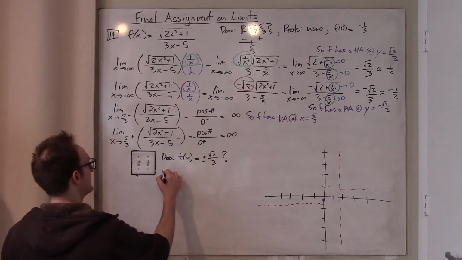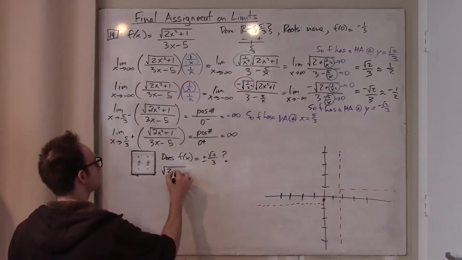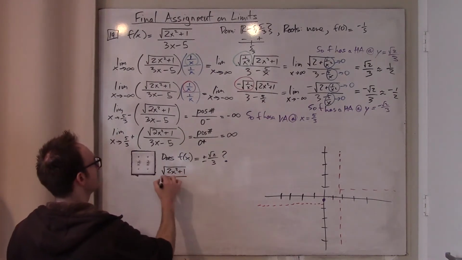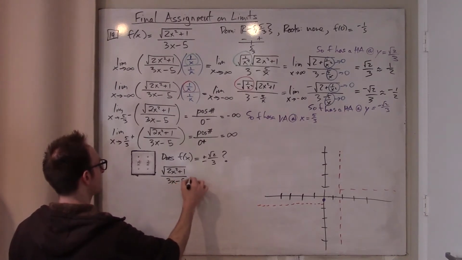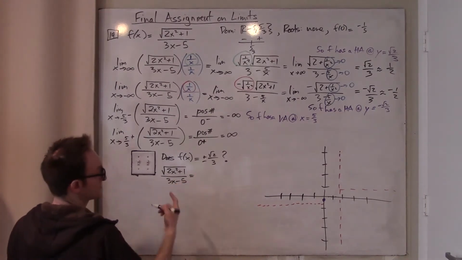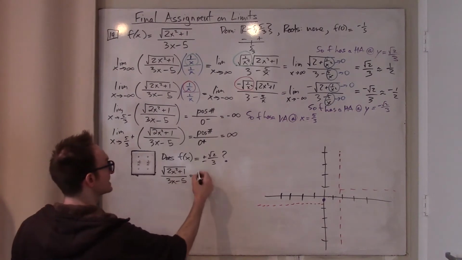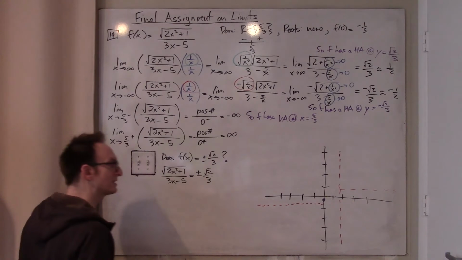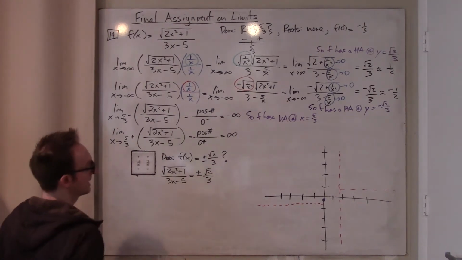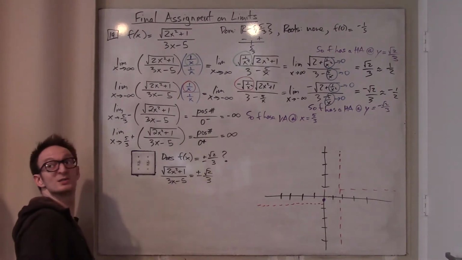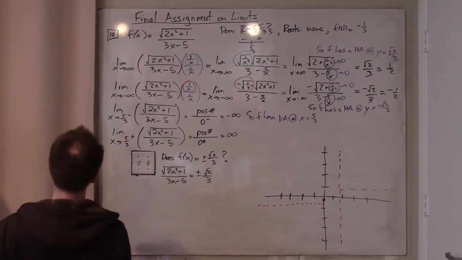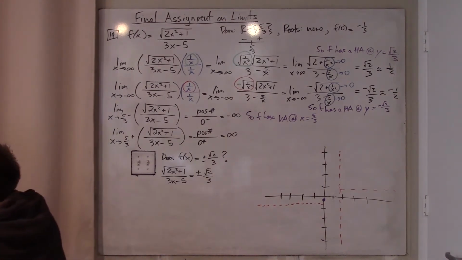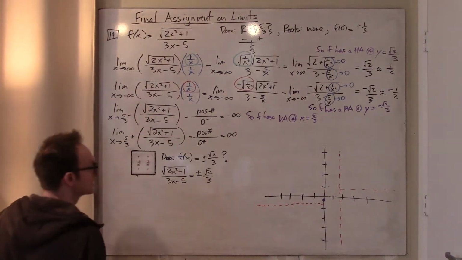How can I solve this? Well, I am just going to do it. This is the function. Does this function ever equal plus or minus root 2 over 3? Now, you might think that you need to solve these two things separately, but almost the first thing I'm going to do is square both sides anyway.